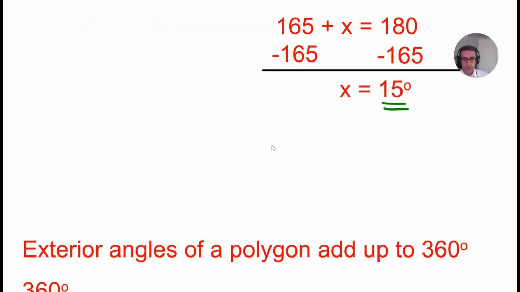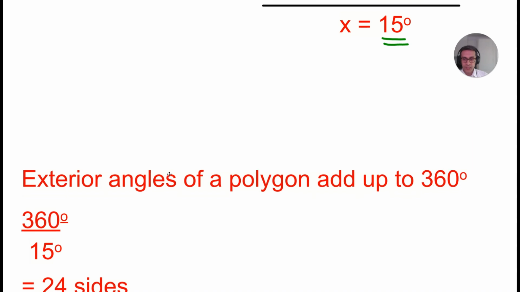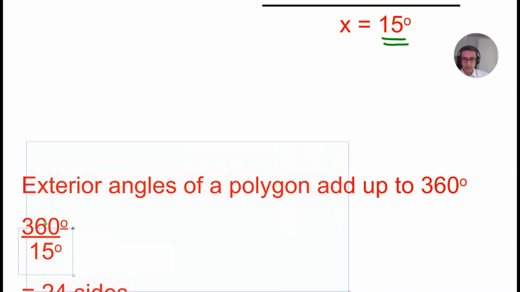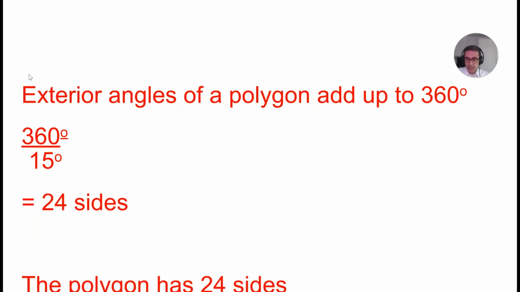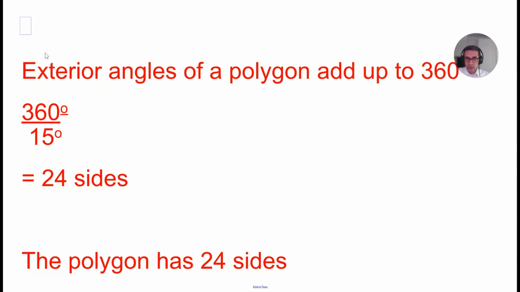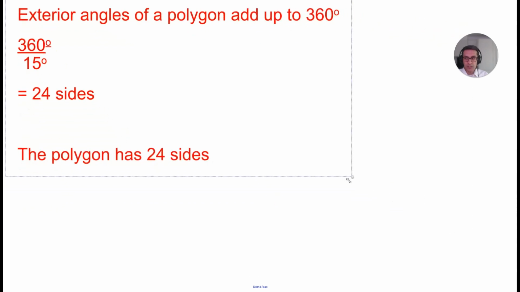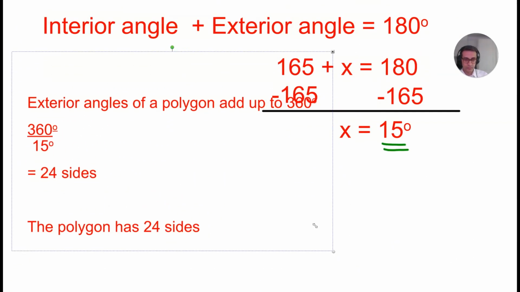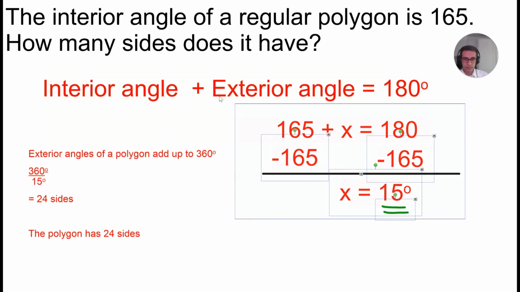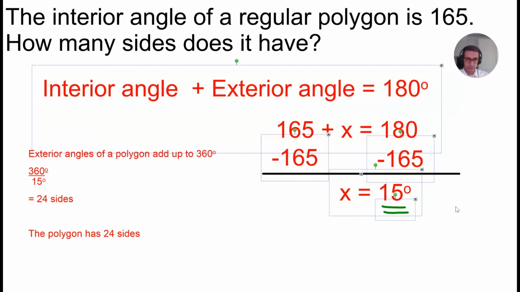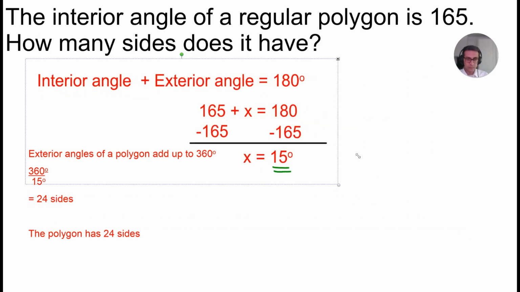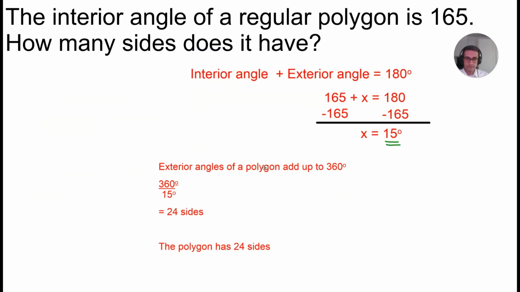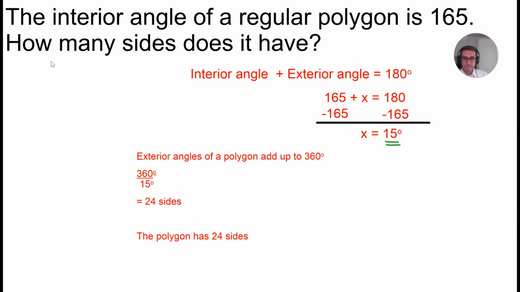And then we can work out how many sides it has by using that knowledge, because we know that exterior angles on a polygon add up to 360, just like in the previous question. So you end up with 24 sides.